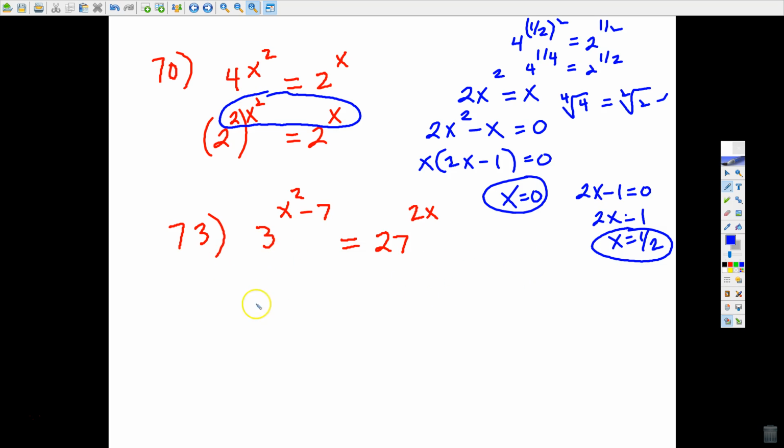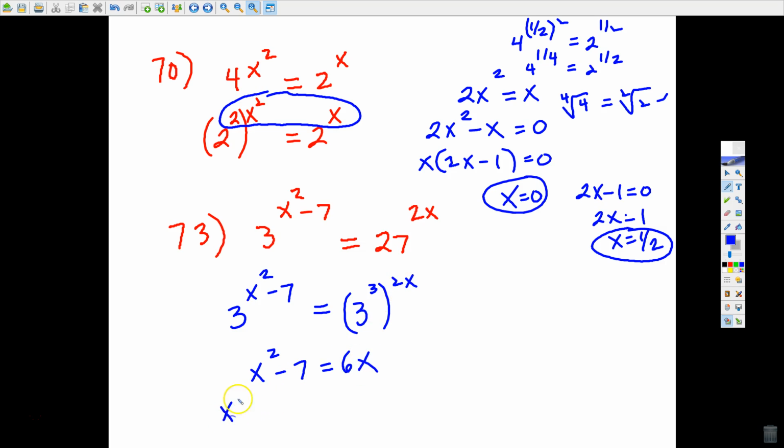Okay, got one more. Let's change these into base 3. And the way I do 27 is 3 to the 3rd. Now remember, there's already an exponent 2x there. Okay, so now that I've got common bases, I'm just going to let the exponents equal each other. And 3 raised to the 2x makes 6x.